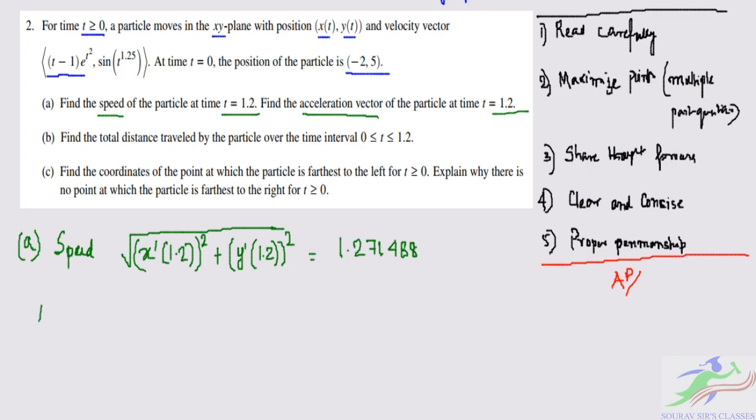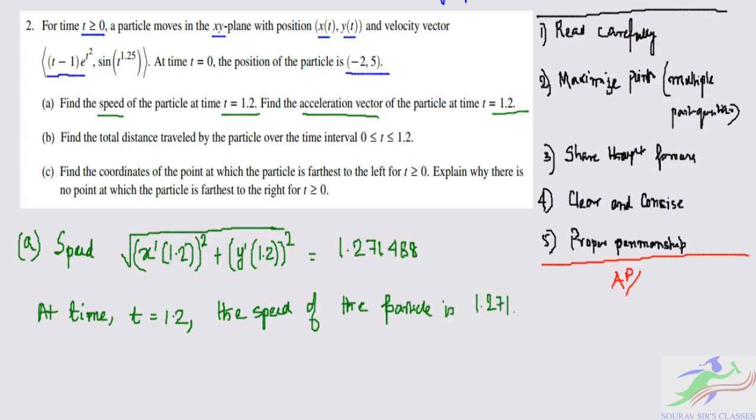So at time t equal to 1.2, the speed of the particle is 1.271. Now this is the first part of the question, the speed.